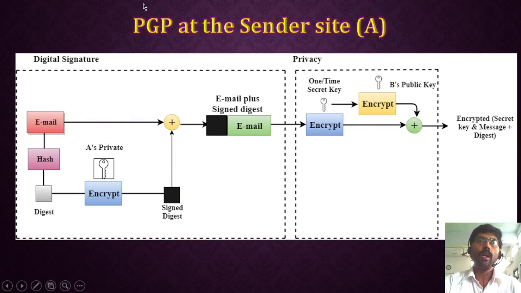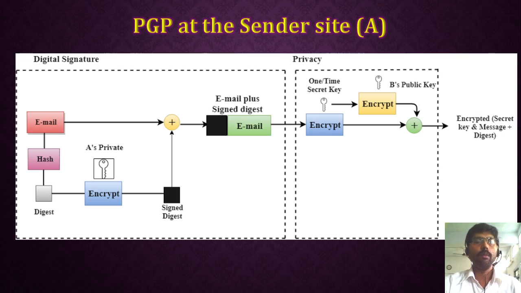Now I will explain how PGP encrypts the data, or what operations are conducted at the sender site. If I want to send an email or message to the receiver, first I have to create a message digest by using a hash function.